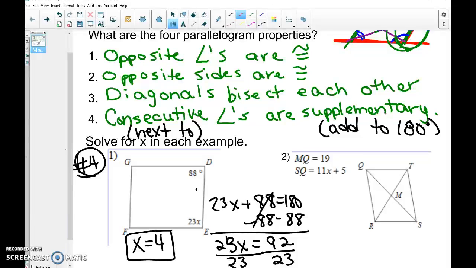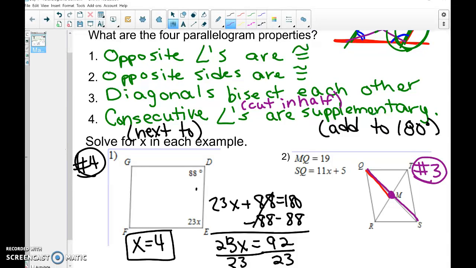Now the second one, we're looking at MQ and SQ. Those are part of the diagonal. The property about diagonals is number 3, and that says that the diagonals bisect each other or cut each other in half, which means the middle point inside the parallelogram right here is the midpoint of this whole thing because it cuts it in half.